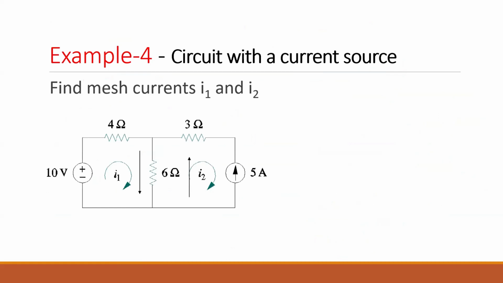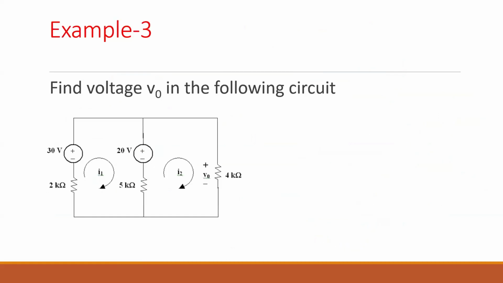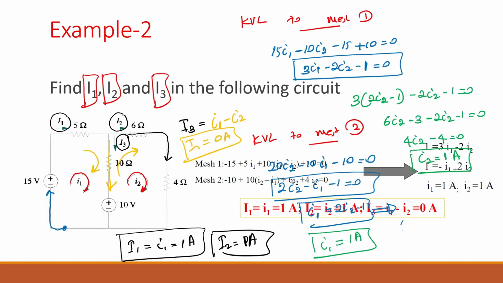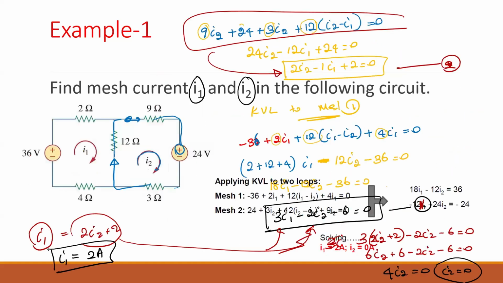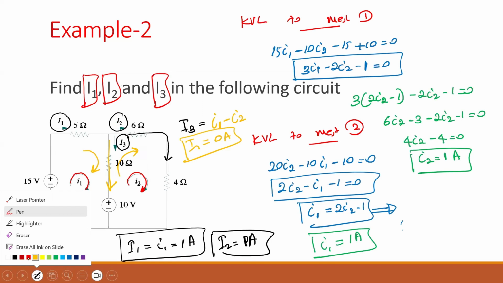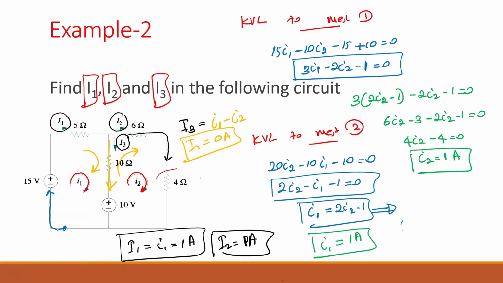Okay, we have a few more examples. In case, if I ask you to find the voltage here, what voltage here? V naught. How do you find the V naught?